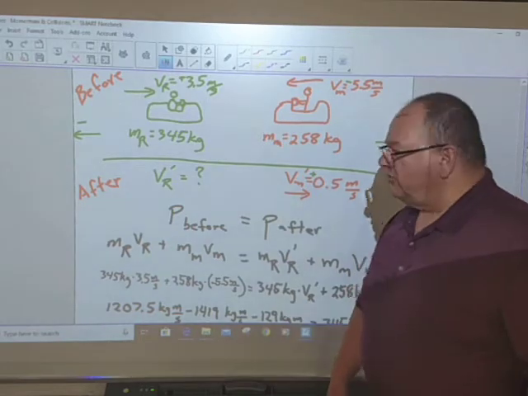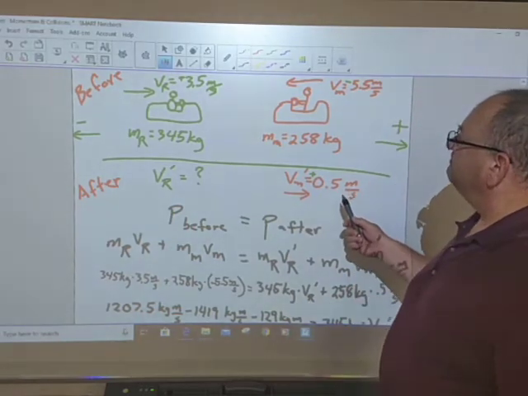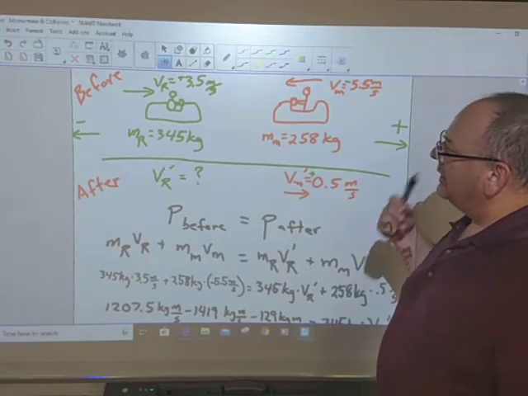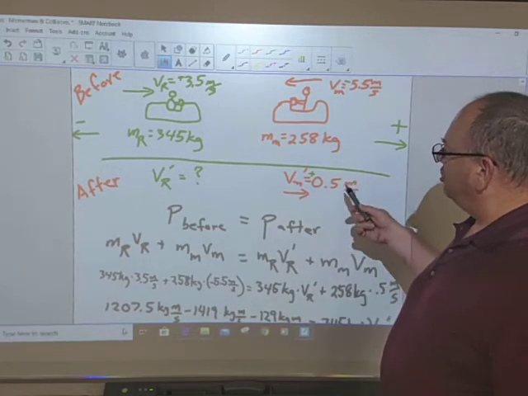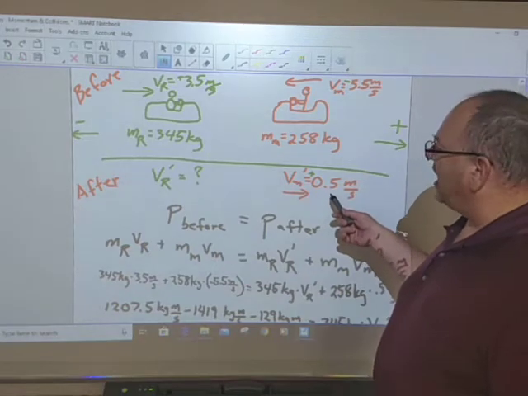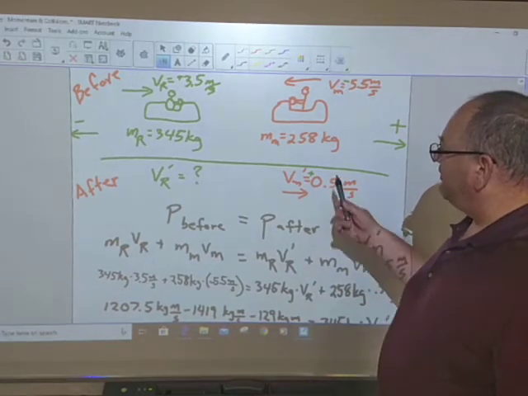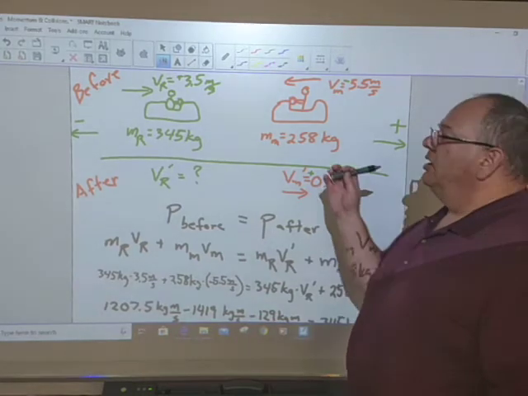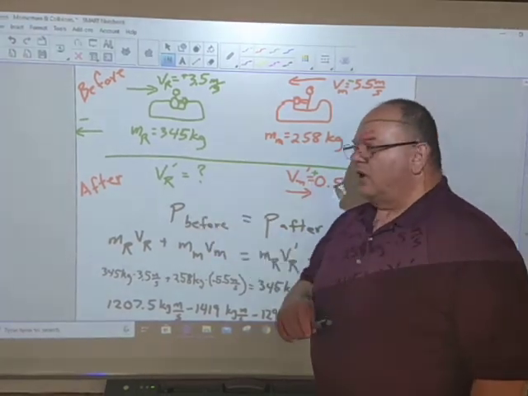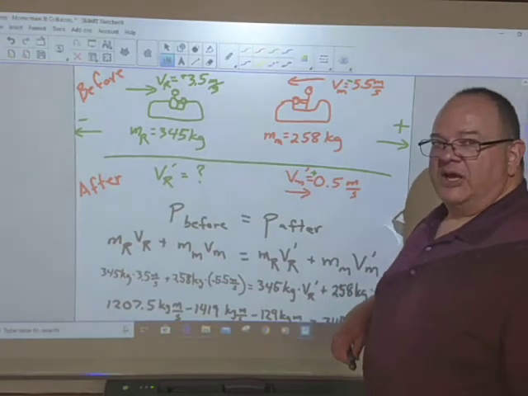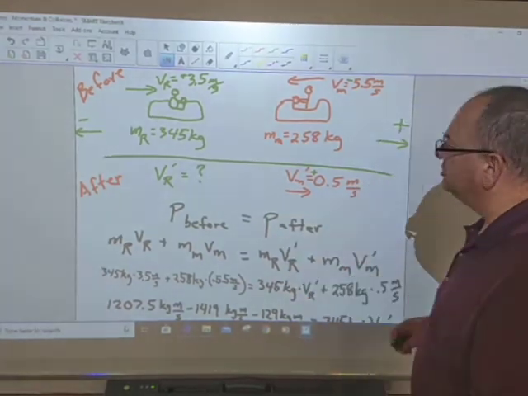So in a real situation, I'm not sure if this is a reasonable velocity at the end for Mary's vehicle. It's very possible this velocity should have been bigger the other way, and therefore that would change my answer. So I did some guessing on my numbers. It's all right.